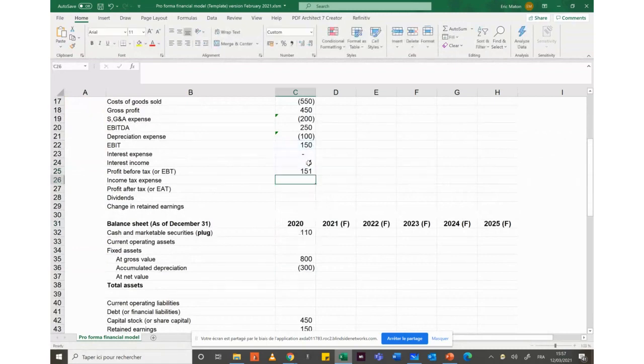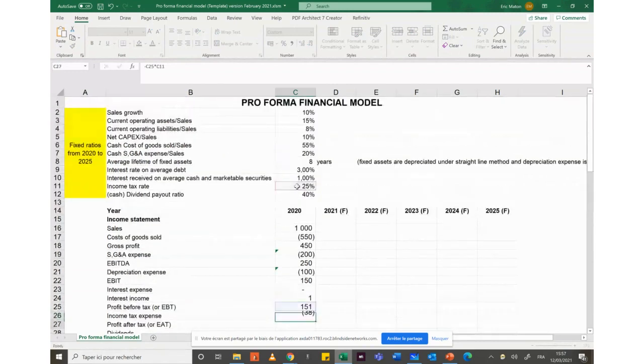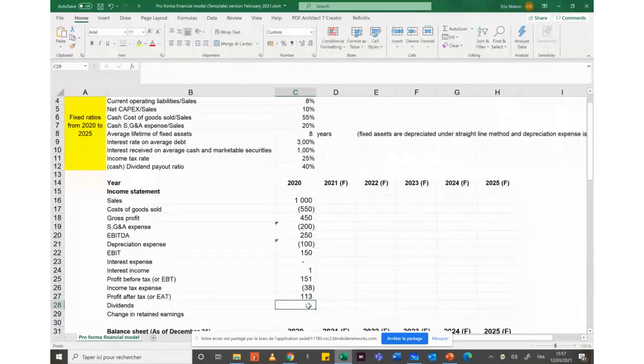Income tax expense is the profit before tax multiplied by the income tax rate. So the net profit is the sum of the two, with the income tax expense already negative. For the dividends, we distribute 40%. So the retention rate is 60%, what we keep.